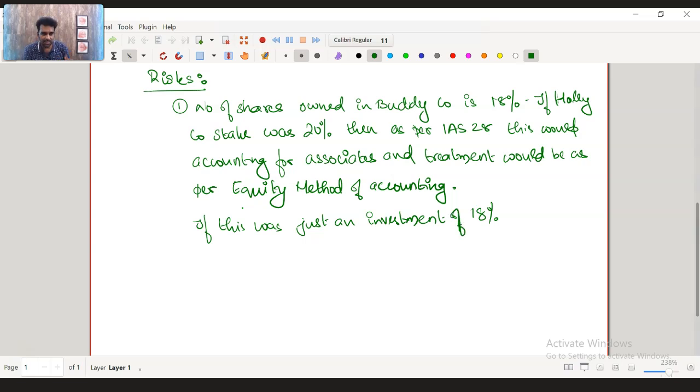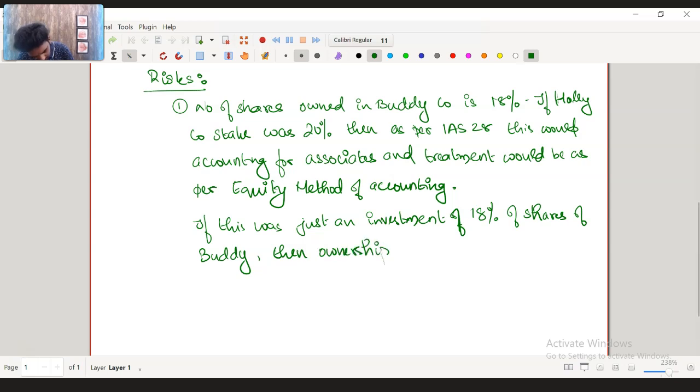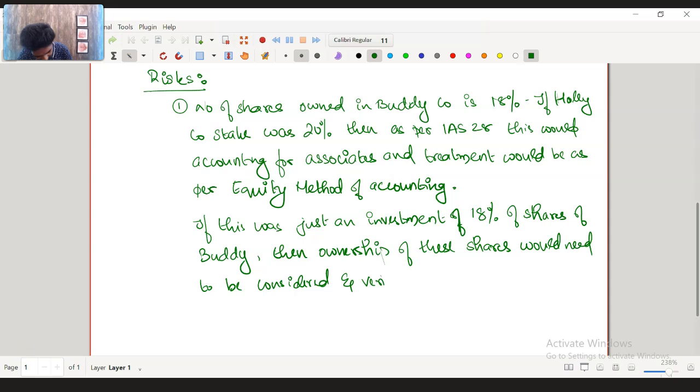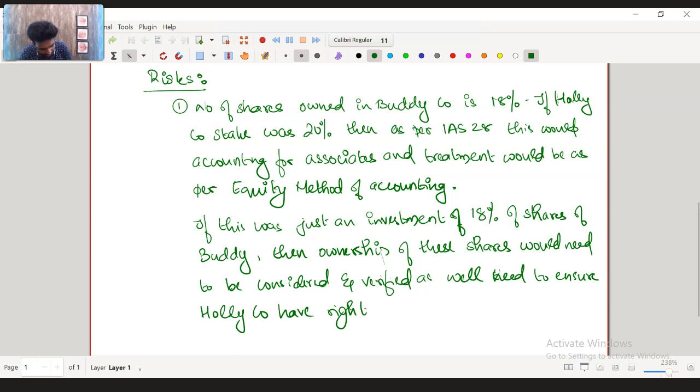So if this is just an investment of 18% of shares of the buddy company, then ownership of these shares would need to be considered and verified as well, to ensure wholly company has rights to dividends.